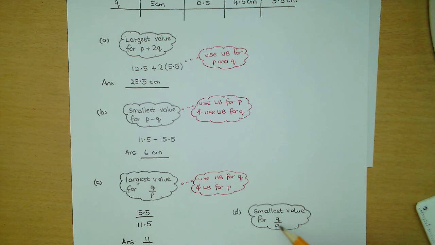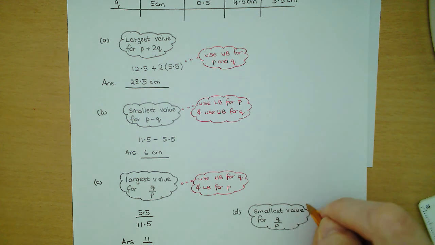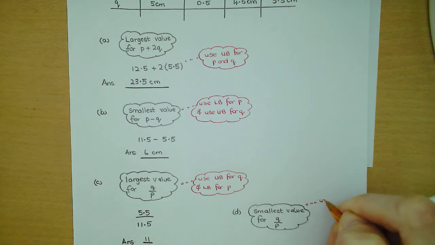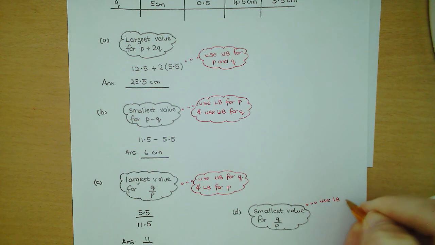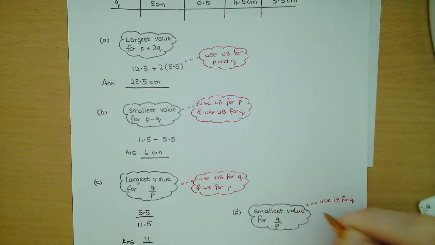So the starting value on the numerator, you want to make it small to begin with, and then you want to divide it by something really big. So something small divided by something really big overall is going to be as small as possible. So in this situation, we're going to use the lower bound for Q, and we're going to use the upper bound for P.